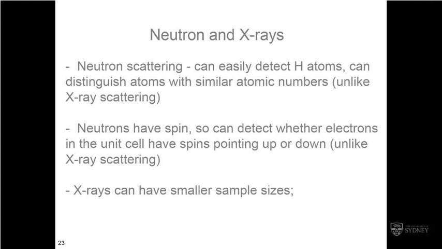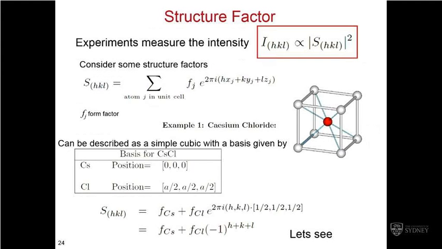Okay, so let's do an example. What do we know, and what have we got here? We know that the intensity is proportional to the structure factor squared. We know the structure factor has a form like that. I'm going to do this example slowly with you, so how does that come about? I'm sure you can figure it out, but let's just do it together. We're going to look at cesium chloride, which has the structure here.